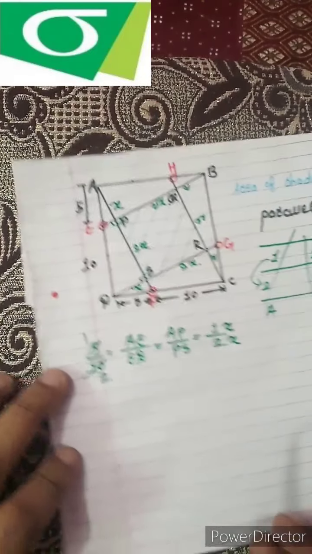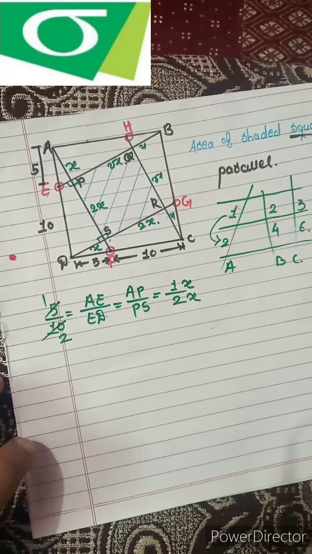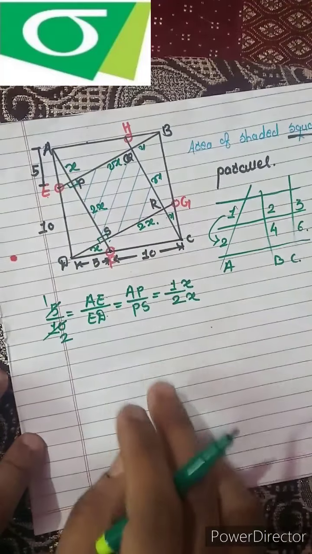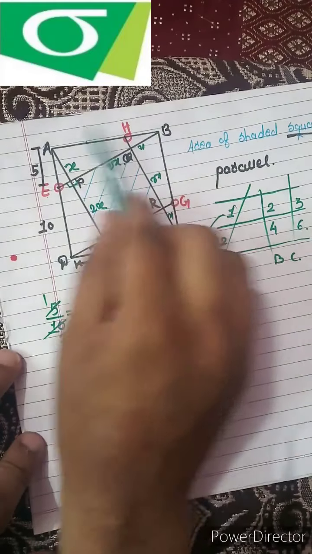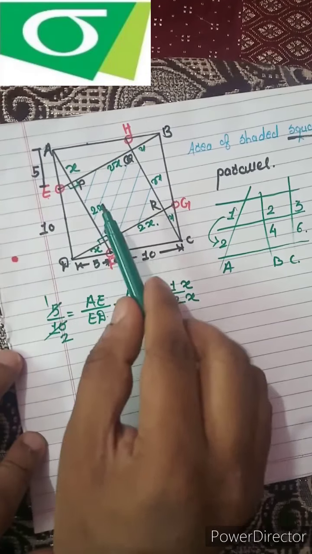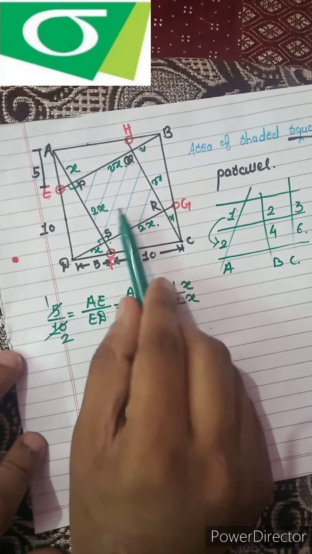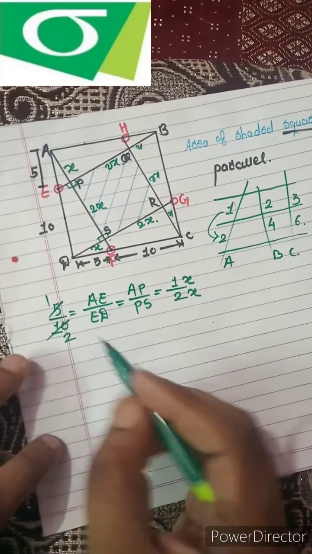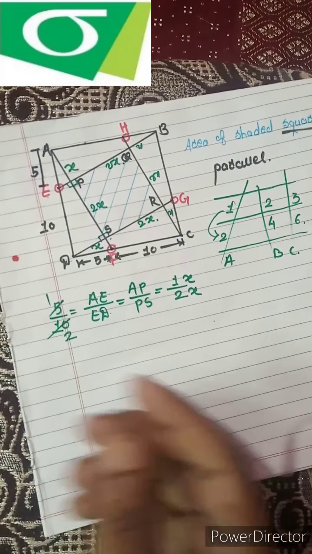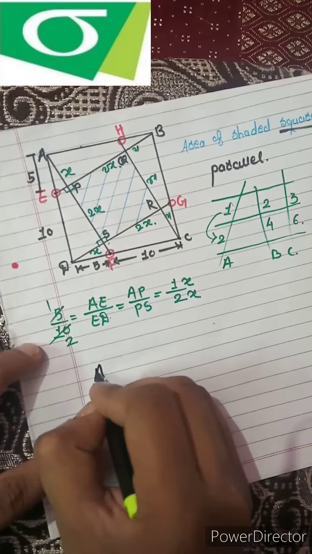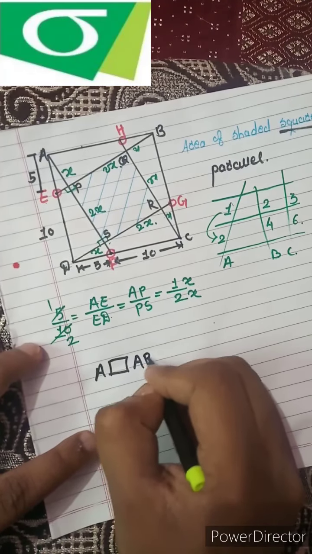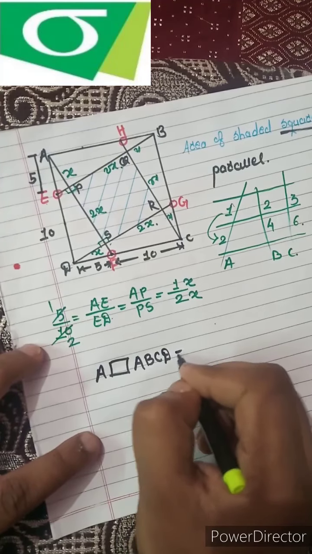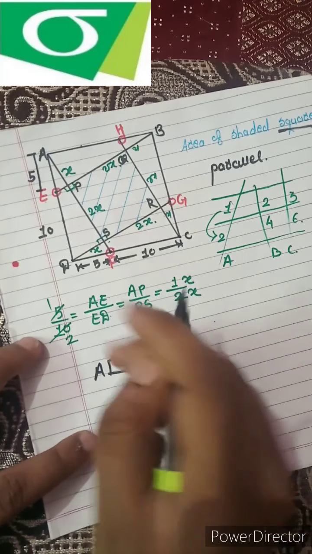Now we need to find the area of the inside square. So how can you find it? You can find the area of the outside square, which is equal to the area of the triangles and the shaded region. So write down: area of the big square ABCD is equal to 4 triangles.